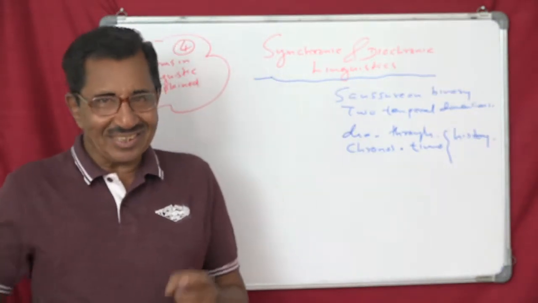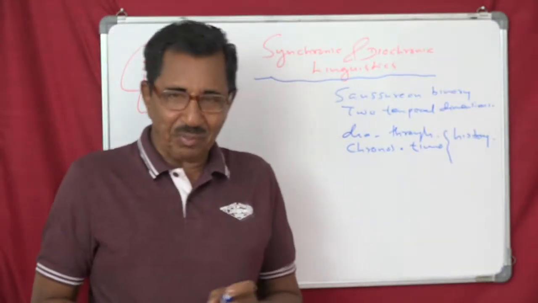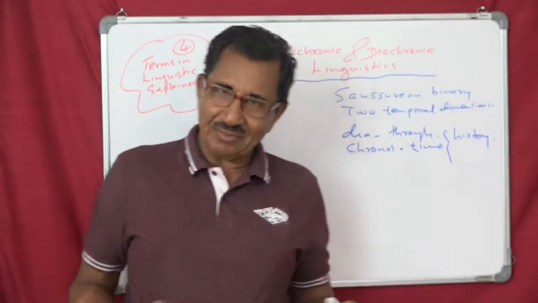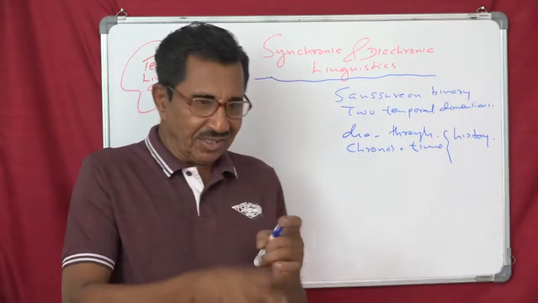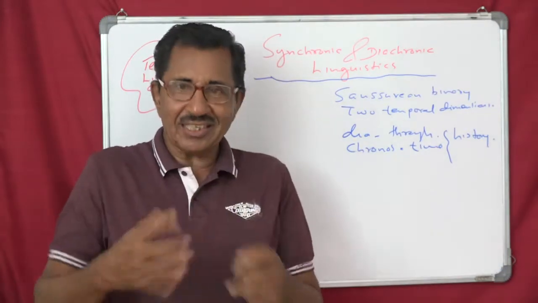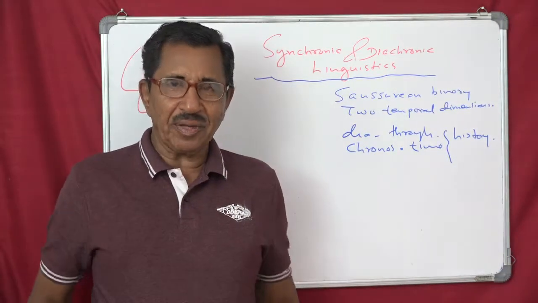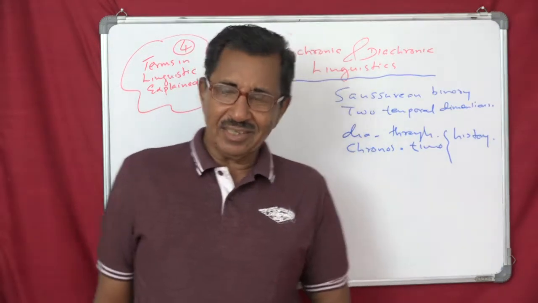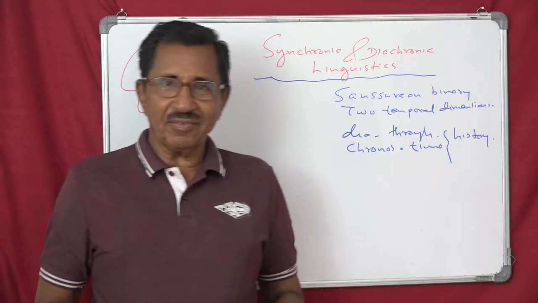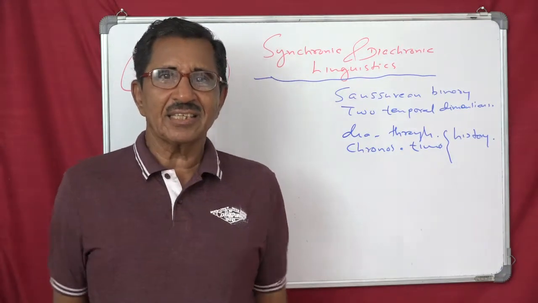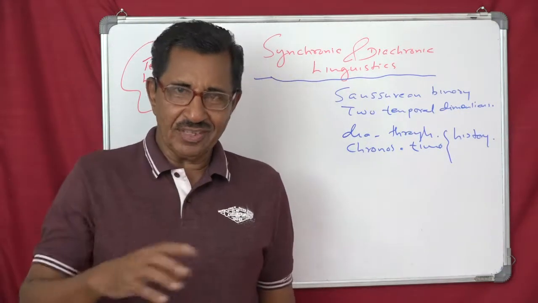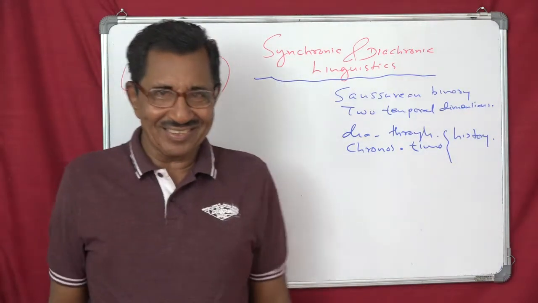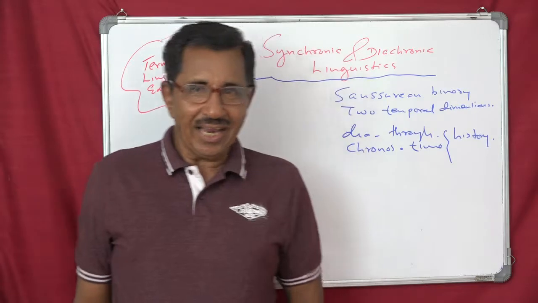You got that, very simple language, that way you can explain. Or a cake, for example, or a vegetable stew. You take vegetables, wash and cut into pieces and then boil it and add spices and so on. Finally, you get it on the dining table in a plate or a vessel. Then that is your diachronic study of the vegetable stew. Simple. No? That way you can explain.